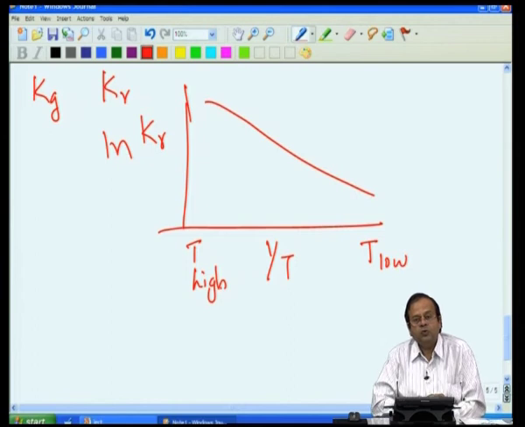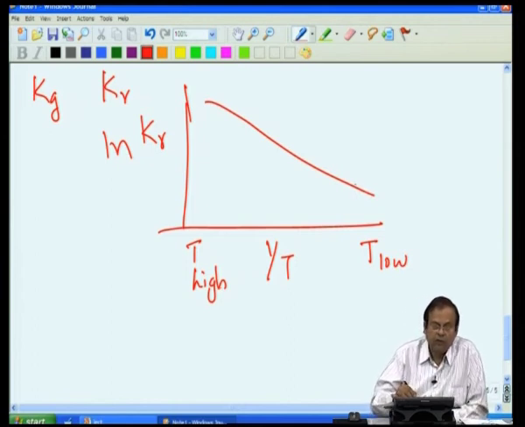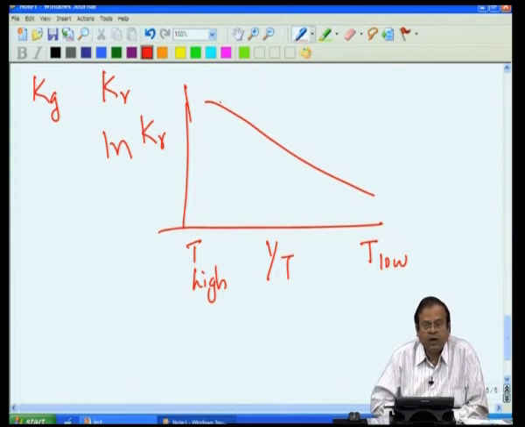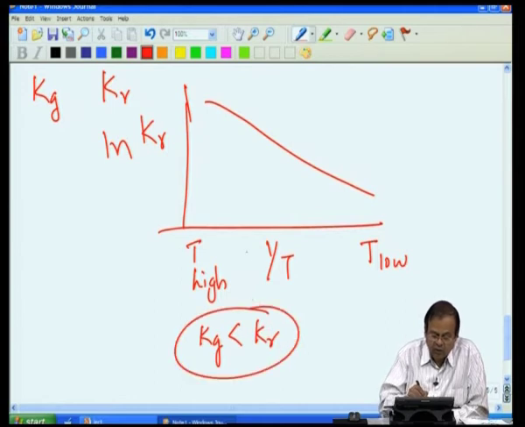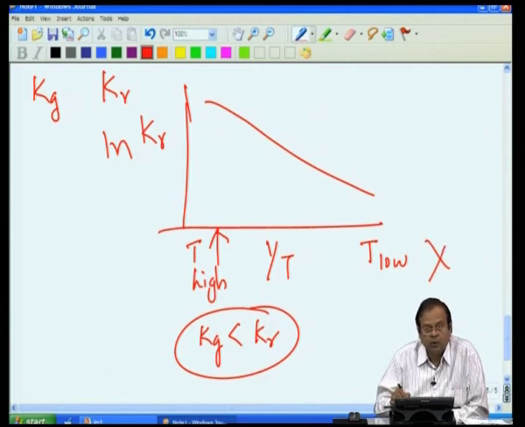What happens when you increase the temperature from low value to high value? The Kr value, or the kinetic rate constant, increases. That means the probability that Kg will be less than Kr is much higher towards this end rather than this particular end.